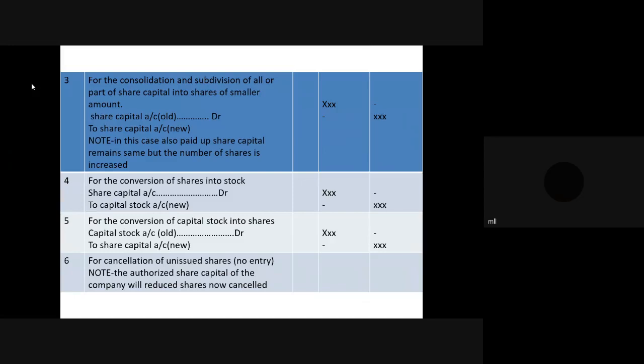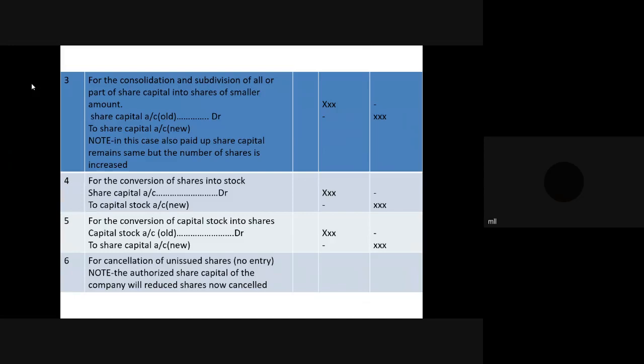Note, in this case also paid-up share capital remains the same, but the number of shares is increased. Next, for conversion of shares into stock, the share capital account debit to capital stock account new credit.